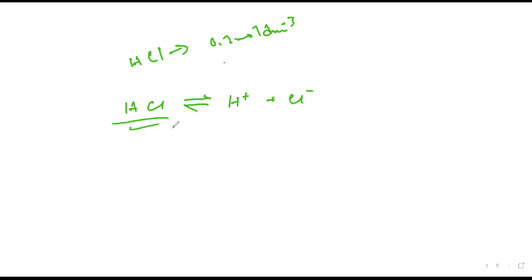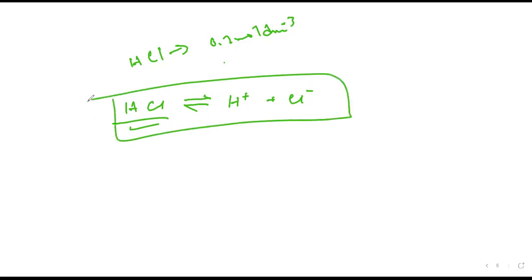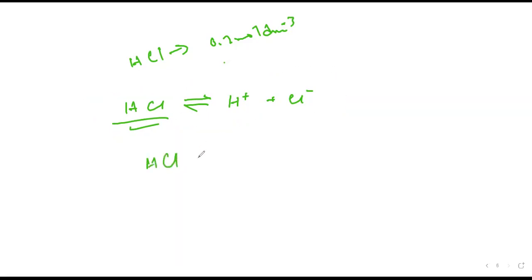So if we are given the concentration of HCl, which is 0.2, we can use the molar ratio with the product. If it is 1 mole of HCl, then H plus is also 1 mole, as the equation is balanced. That means HCl to H plus is 1:1.